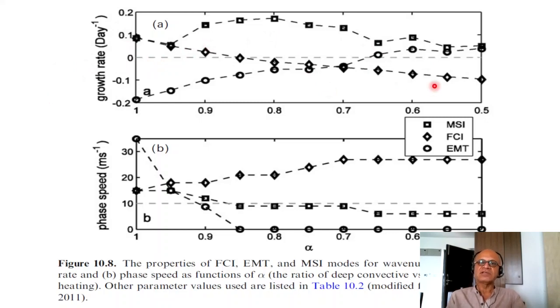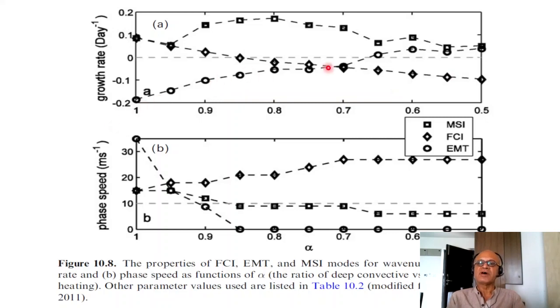So this says that you cannot explain everything just with eddy momentum transfer or frictional convergence instability. The multiscale interaction is important to get the growth rates to maintain the instability, because here you begin to get a damped mode. Once the growth rate goes negative, obviously you are in the damped mode and the instability doesn't grow.